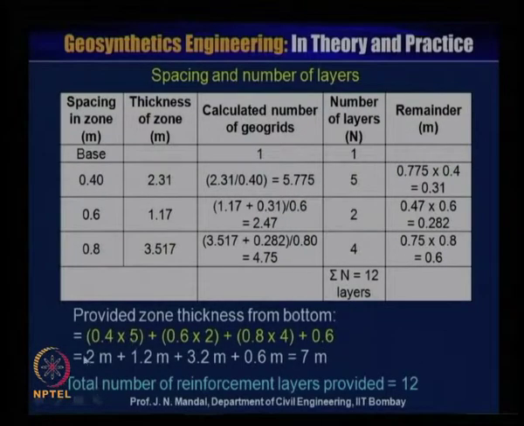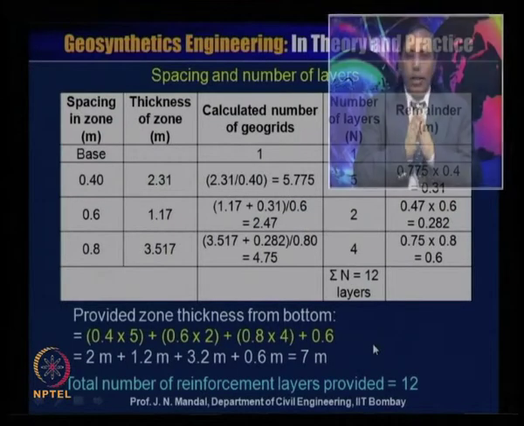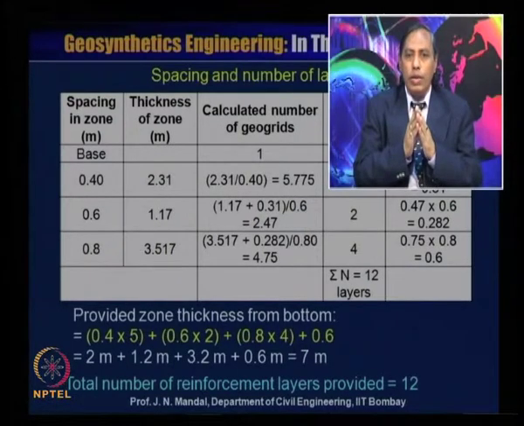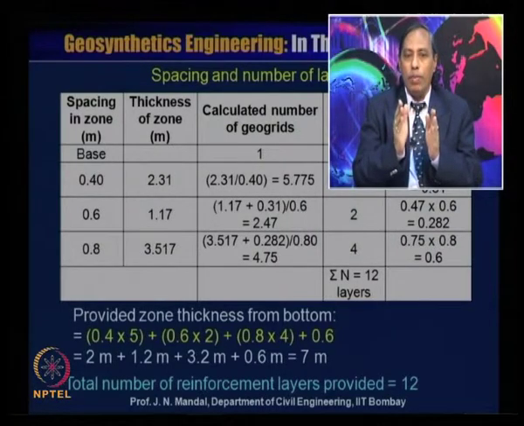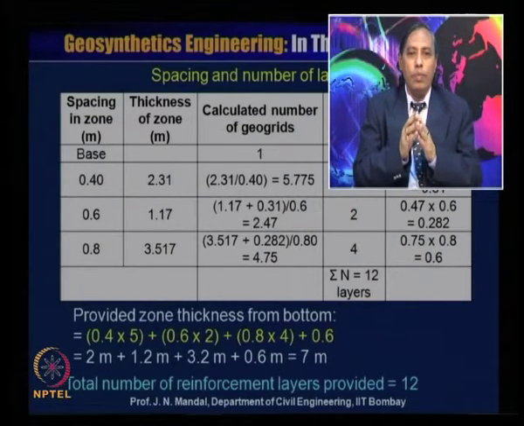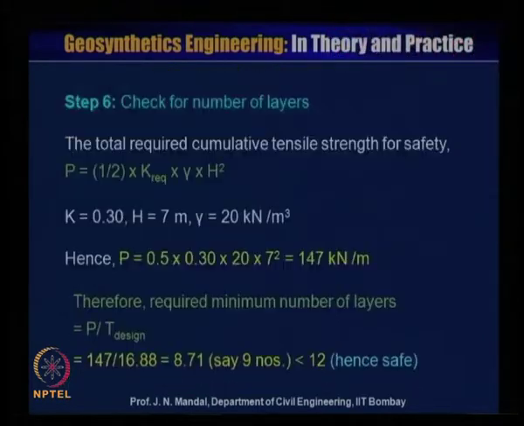That means this will give 2 meter, this 1.2 meter, this 3.2 meter and 0.6 meter. So this will be 7 meter. So you can see the zone thickness from the bottom is about 7 meter and the total number of reinforcement layers provided is 12.